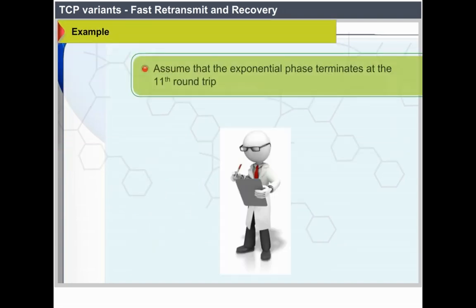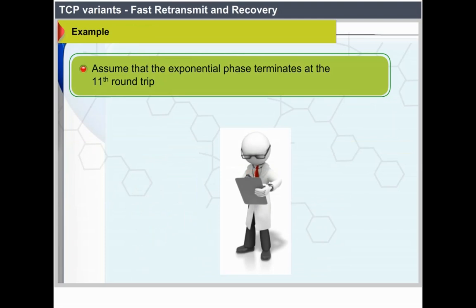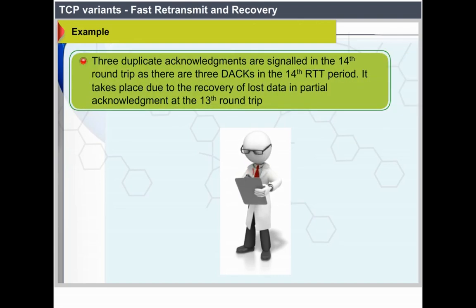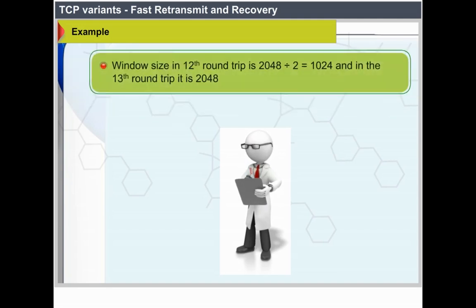Example: assume that the exponential phase terminates at the 11th round trip. FRR1 phase starts at the 12th round trip. Now, if a lost packet is recovered in partial acknowledgement at the 13th round trip, then 3 duplicate acknowledgements are signaled in the 14th round trip, as there are 3 DACKs in the 14th RTT period.